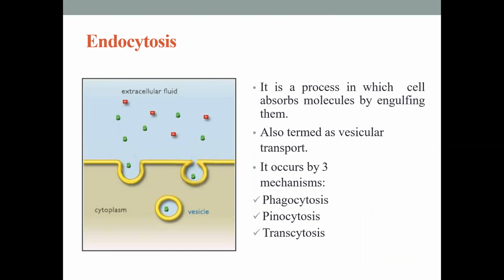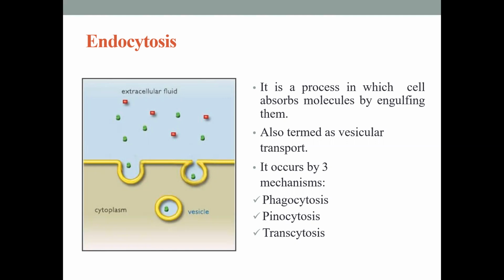This endocytosis mechanism, which is a minor transport mechanism, mainly involves the engulfment of extracellular materials within a segment of a cell membrane to form a vesicle. It is also called the vesicular transport mechanism.